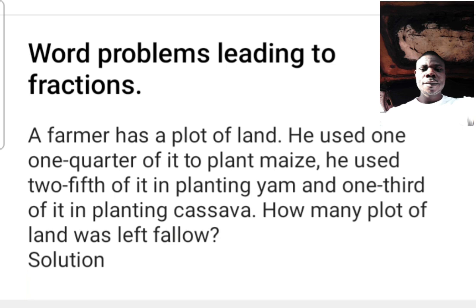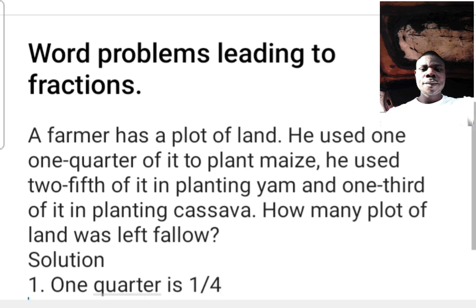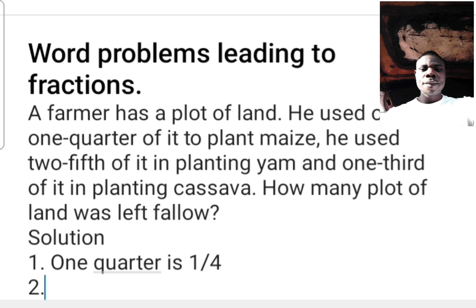Now, let's look at this together now. The first thing you shall do now is to denote each statement, because we have 3 statements inlined inside this question. So we have to pick it one after the other. Remember, 1/4 in mathematics means 1/4. So 1/4 is written as 1/4. Now the next statement there, he used 2/5 of it in planting yam.